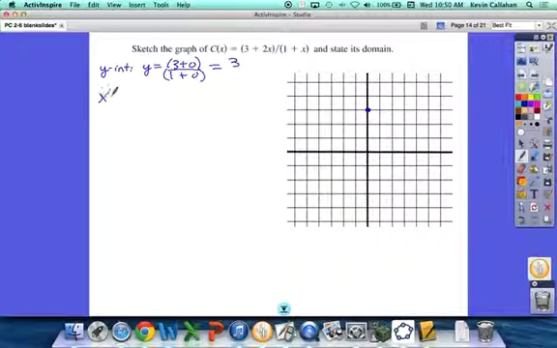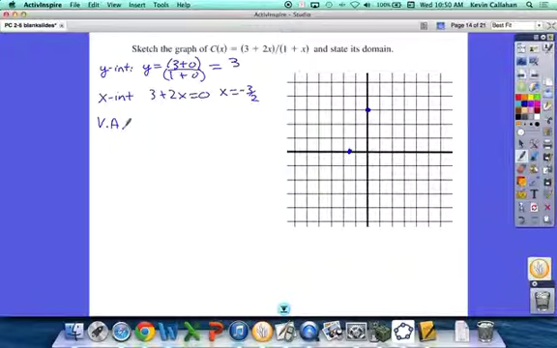X-intercepts. Okay, remember, how do you find the x-intercepts? Zeros of the numerator. So set 3 plus 2x equals 0. That is going to give x equals negative 3/2. Okay, vertical asymptotes.